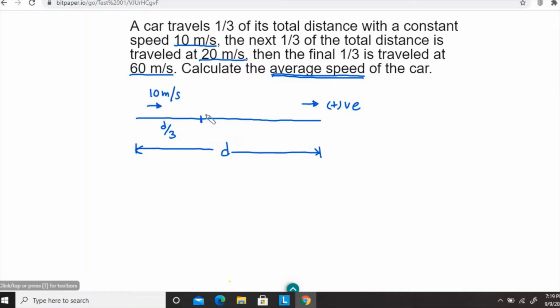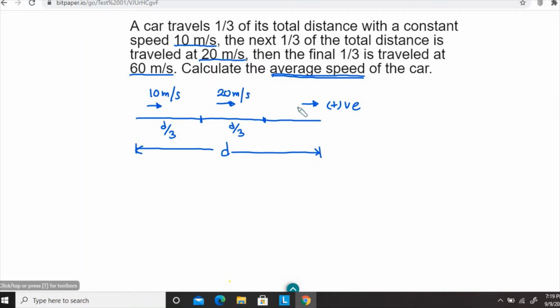I'm first trying to put all the information in a visual way so that it's easy for us to understand. Then the next one-third, that is again d over 3, is traveled at a constant speed of 20 meters per second.